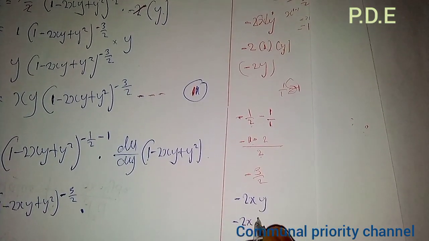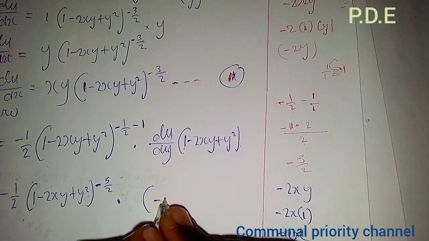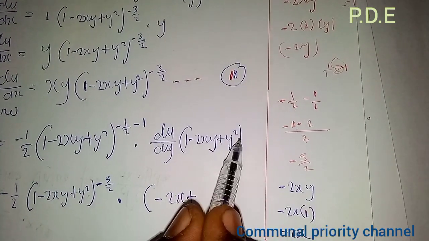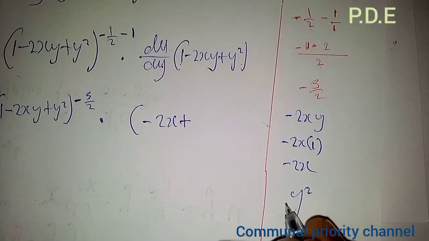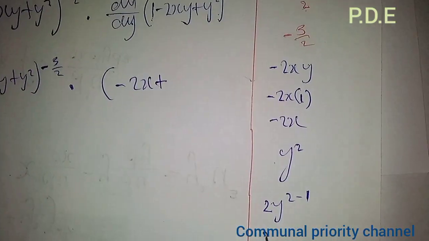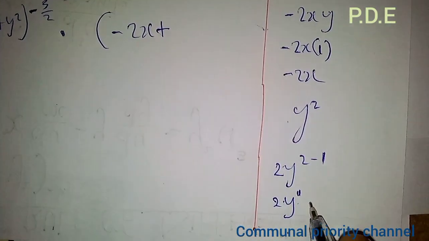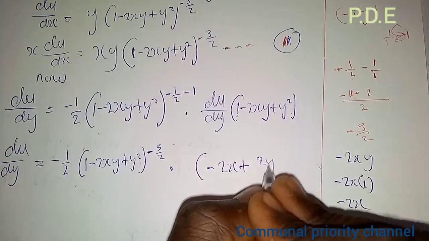Differentiation of y will give us 1. Therefore, it is equal to minus 2x. So this will be minus 2x plus. Differentiation of y square will give us 2y: 2 times 1 will give us 2, y to the power of 2 minus 1. Therefore, this will be 2y to the power of 1, which is the same thing as just 2y. So this will be 2y, close bracket.